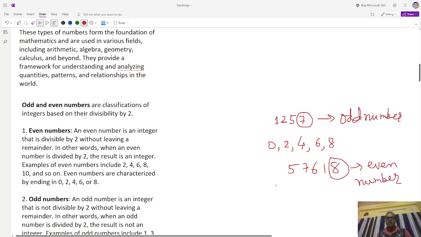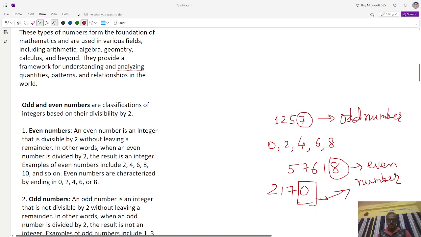Okay. 0 is also an even number. Let another number be 2170. Then the unit digit of this number is 0. So it is also an even number.